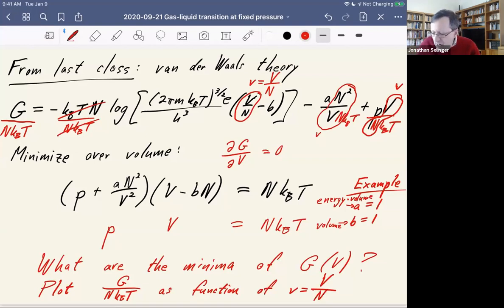So I'll make up a new system of units instead of working in SI units, where the length is measured in meters. I'll work in some other system of units where the length is measured in the cube root of B. And there'll be some other energy units also. And so this will make just an example plot with those parameters. And then, of course, I can just change to another example plot with specific physical numbers of A and B for carbon dioxide or any other gas.